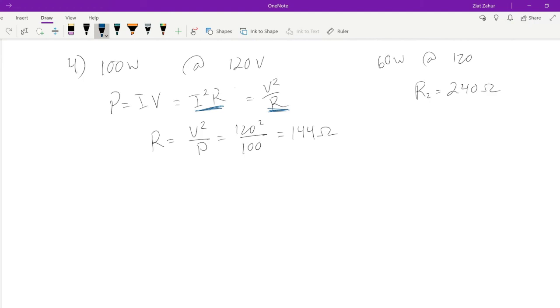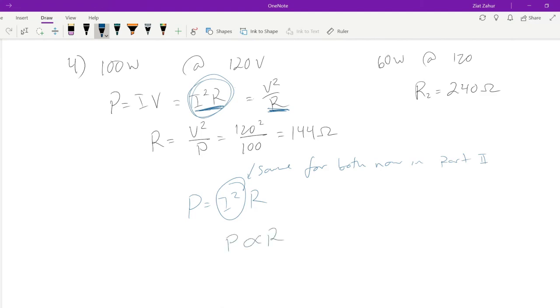We know what the resistances are, so why not use number 2? Power is equal to I squared R, and if the current is the same, then the power must be proportional to the resistance. So whichever has the higher resistance will give you the most power, and so the 240 ohm resistor or bulb would be brighter.